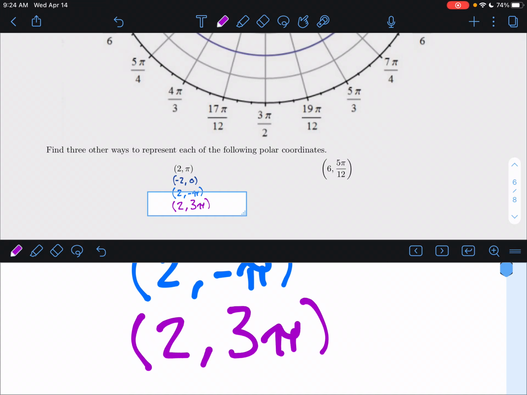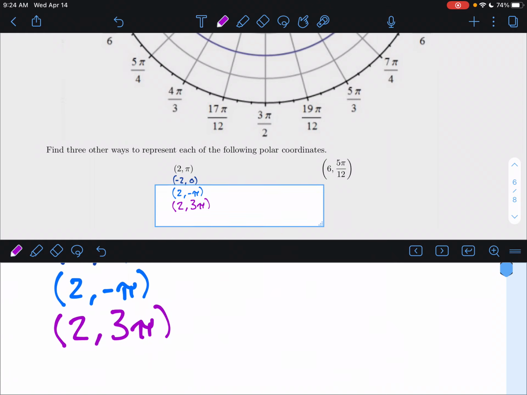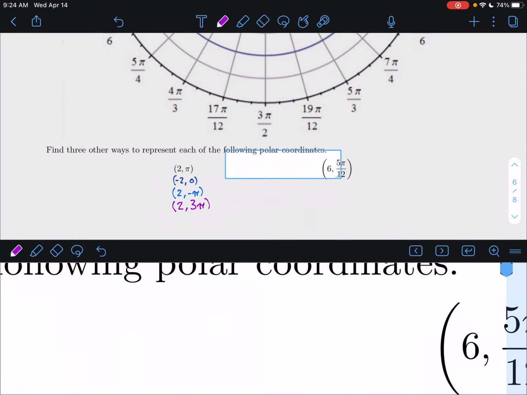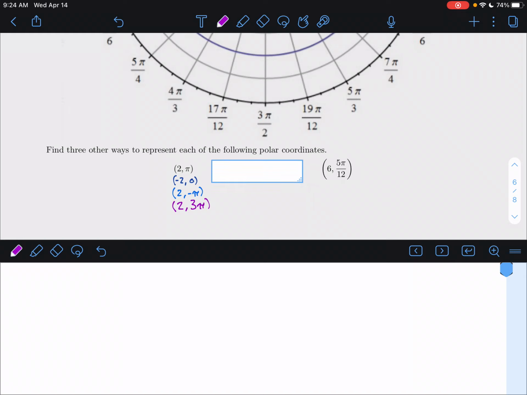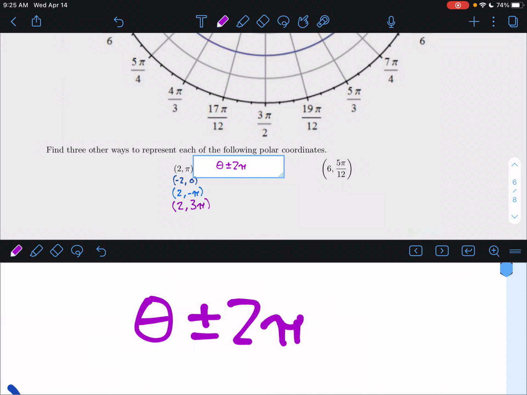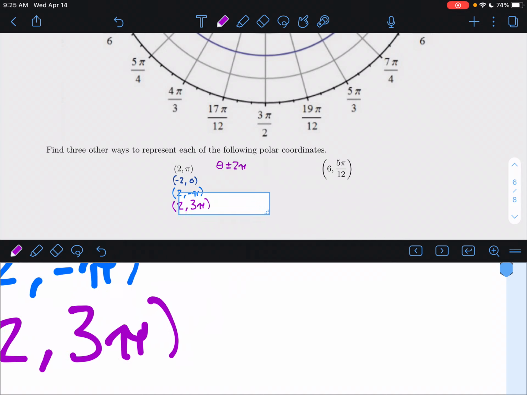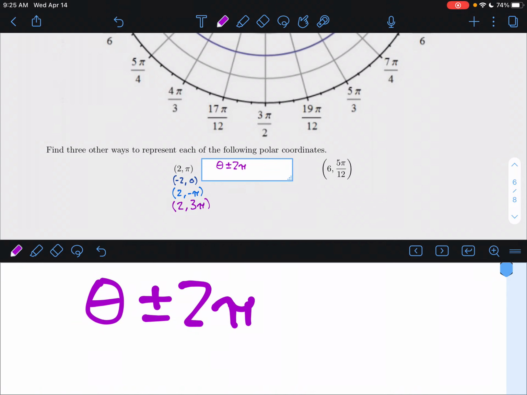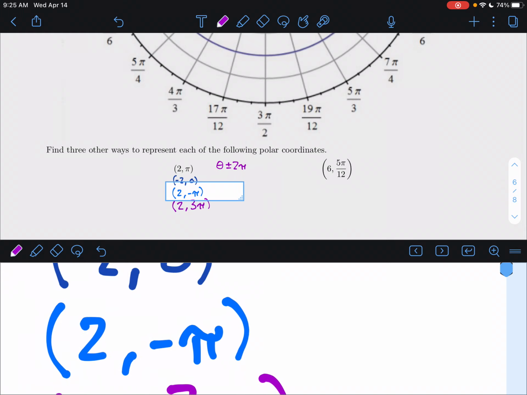So those are 3 other ways to write the exact same point. It could be (2, pi), it could be (-2, 0), it could be (2, -pi), it could be (2, 3 pi). For these last 2 points, you would take theta, plus or minus 2 pi. Theta in this case was pi, theta plus 2 pi was 3 pi, theta minus 2 pi was negative pi.